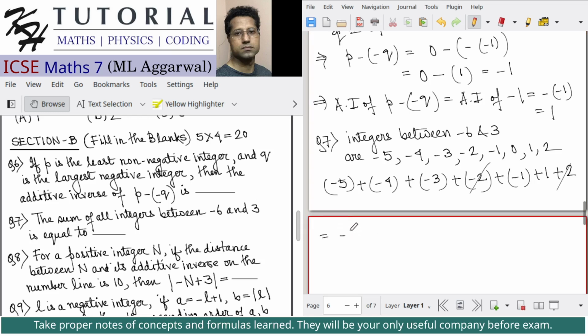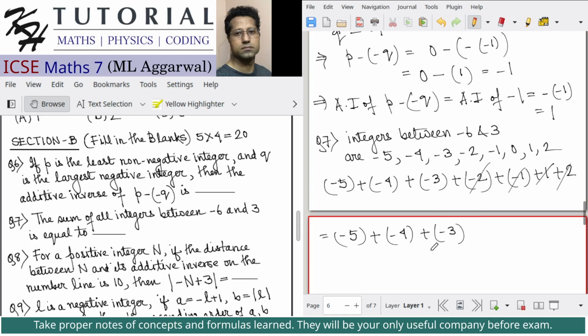Also there are integers 1 and -1, so they will also cancel out.